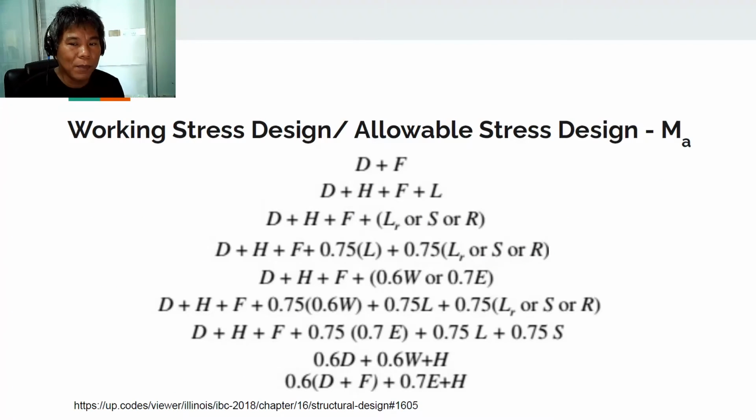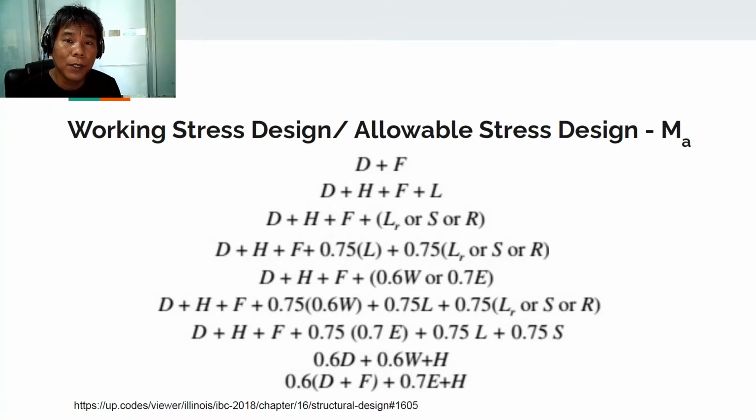For the first design philosophy, the working stress design or allowable stress design, from the word itself, we have to design it in terms of the working stress or the allowable stress. Our load should not go beyond the allowable stress. So normally, there should be combination of loads. A dead load plus a fluid, that is F, or pwede din matanggal ang F because there are times that only dead load.